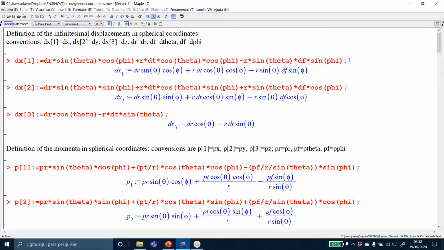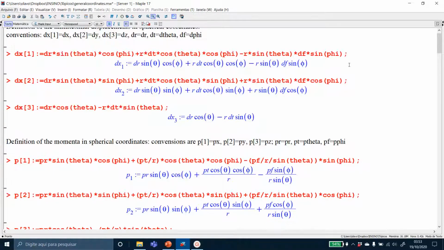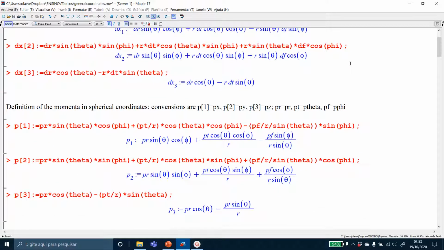So let's write the dx, dy, and dz, and also dpx, dpy, and dpz in terms of the new coordinate system. This is the way we get the first dx, dy, and dz in terms of the new system variables. The same with pr, p theta, and p phi.